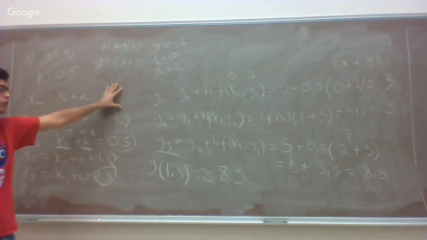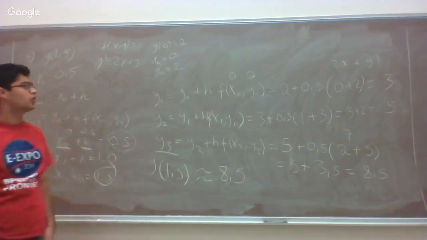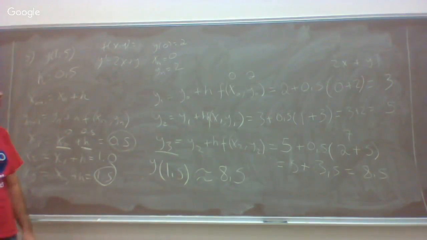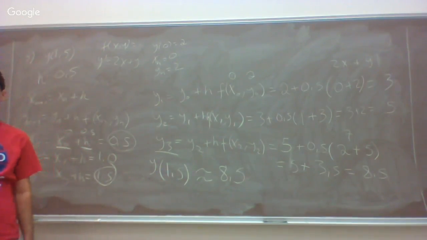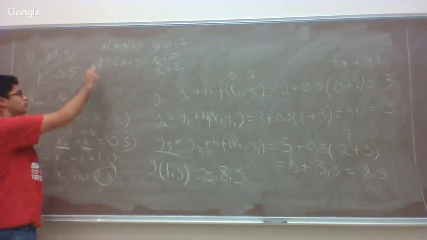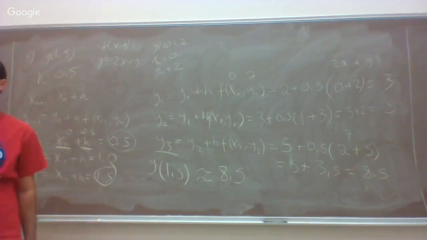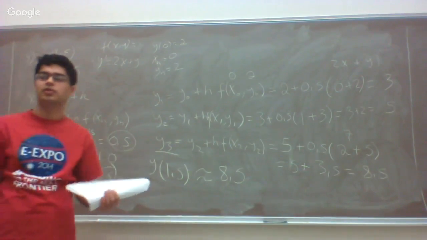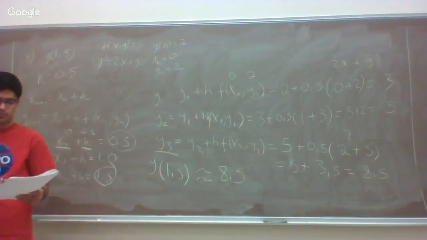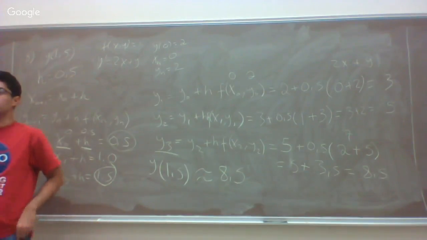Okay? So we use approximation with Euler's method to find the y at 1.5, because we don't know what y prime of 1.5 would be. And then there's different methods, like the next one is the Runge-Kutta method. Does that make sense?